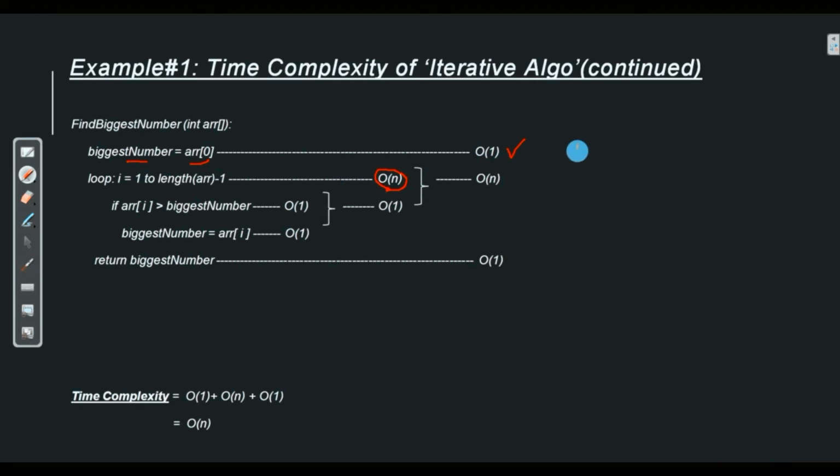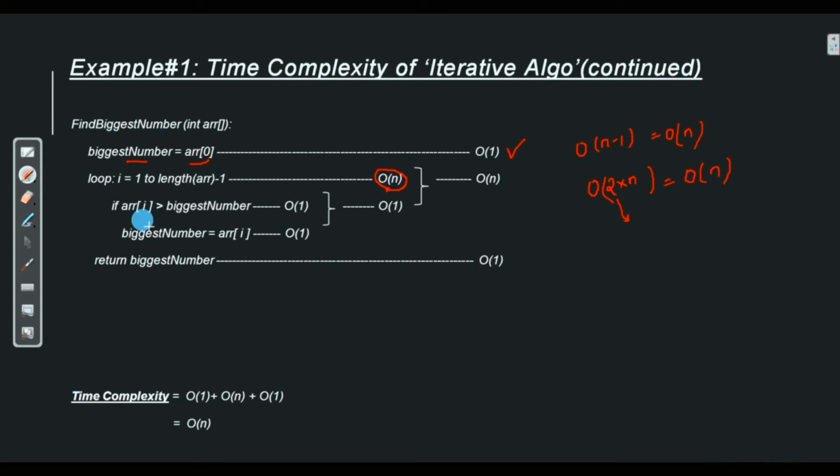What that means is order of n minus 1 is the same as order of n. Or even if we say order of 2 into n, it will again be the same as order of n. The reason is again the same: 2 over here is a constant and we can always safely eliminate it.